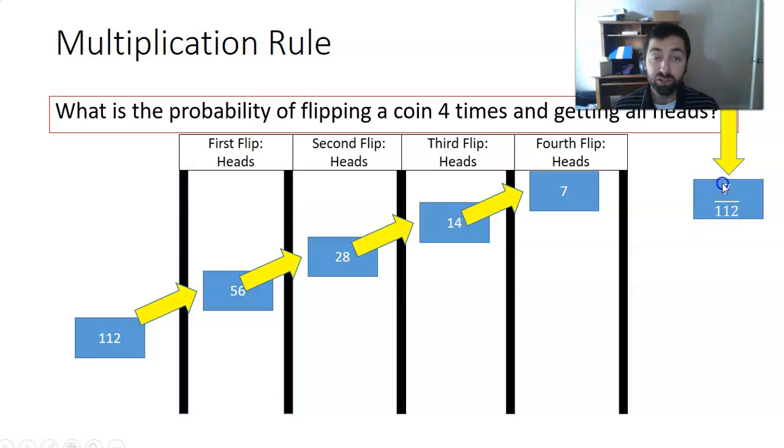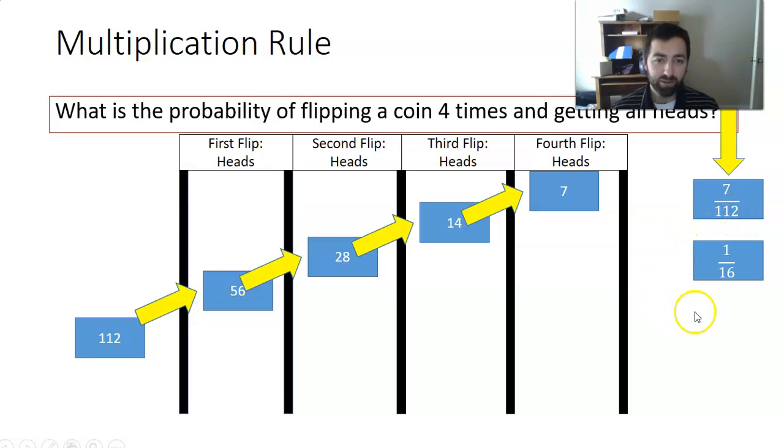So if you go to flip a coin, what's the chance that you will get heads 4 times in a row? Well, it would be 7 out of 112, or 1/16. That's what this simplifies to. And what is that? That's 0.0625, about a 6% chance.